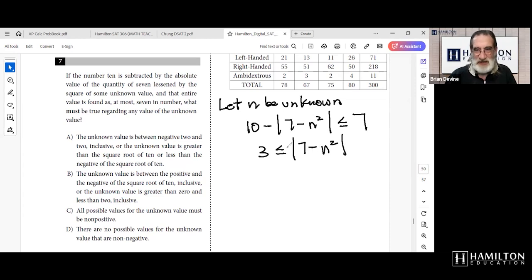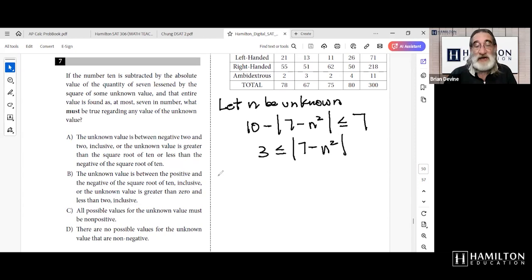Now, when I have an absolute value greater than or equal to some constant, that thing is going to be greater than or equal to that constant, or it's going to be less than or equal to the negative of that constant. And so what I have to do is look at two different cases.